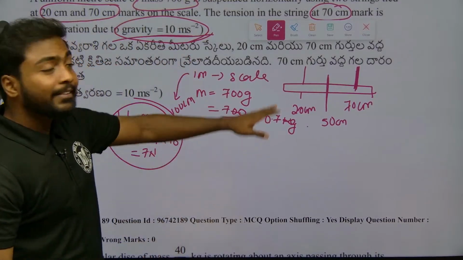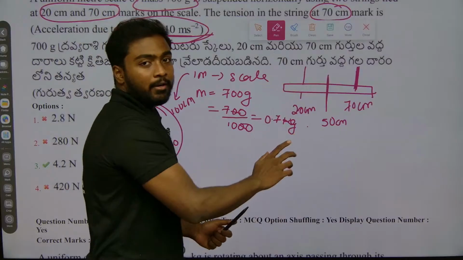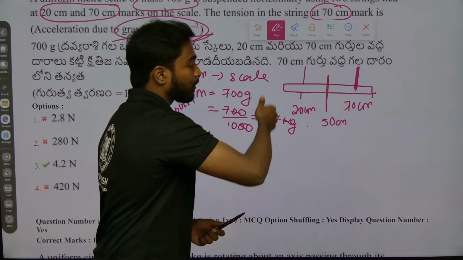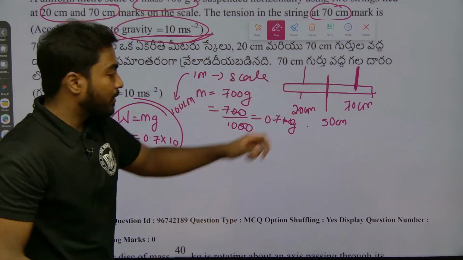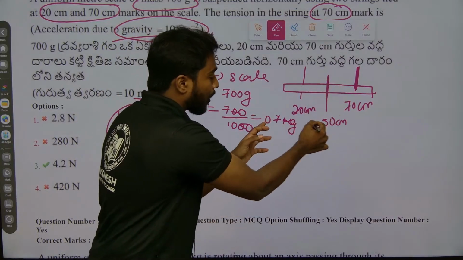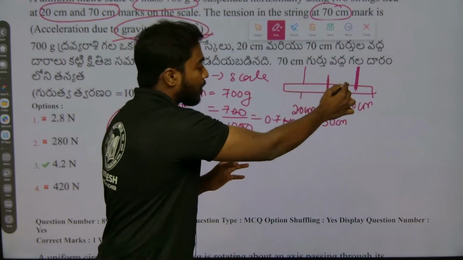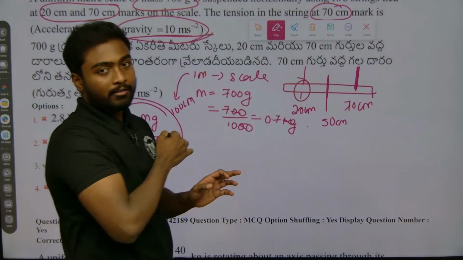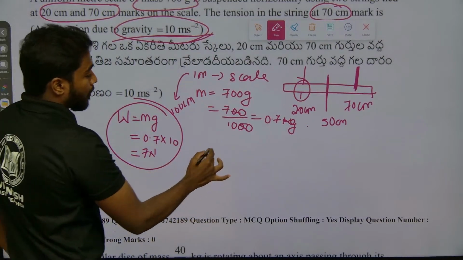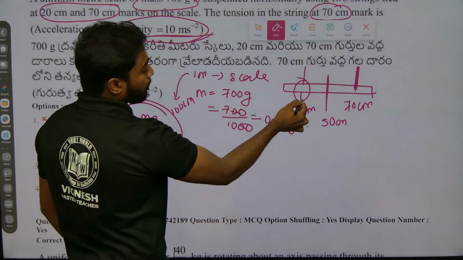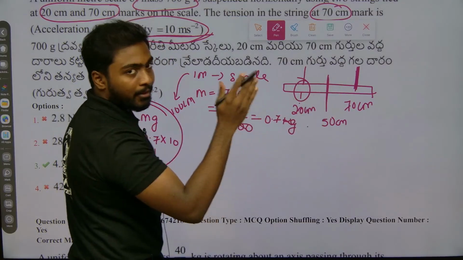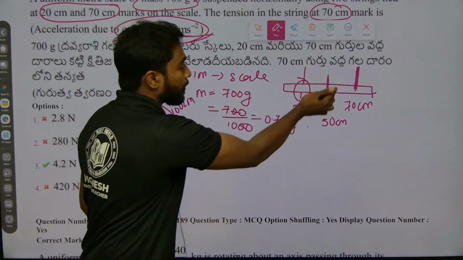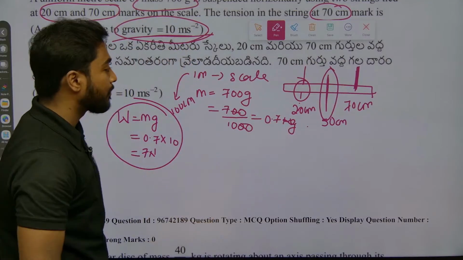Now I need to find the tension. Take any one point and find the torque due to the forces. Like I will take the reference point as this one. Now from 20 centimeter to 50 centimeter, that equilibrium point, like 50 centimeter is said to be the equilibrium point, the center point.